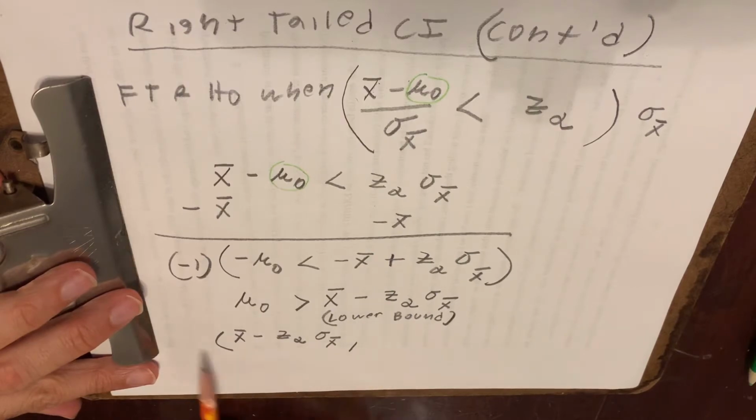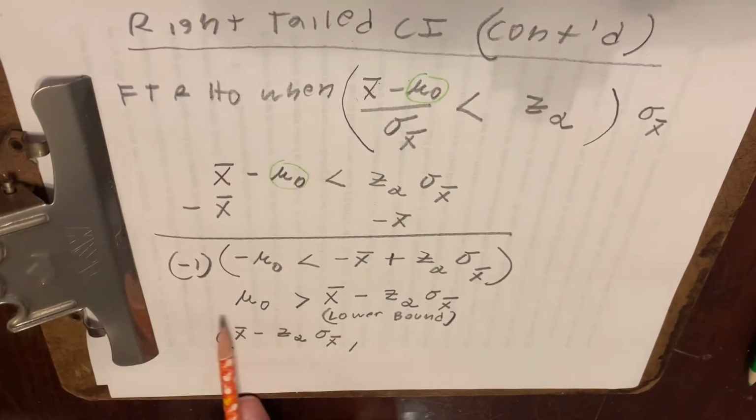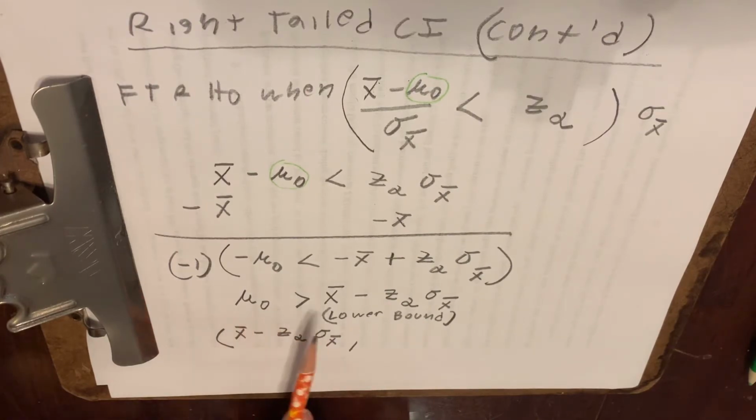But with interval notation, we have a lower bound, then a comma, and then we have to go to an upper bound. But there is really no upper bound. See, mu naught can be as large as you can conceptualize.